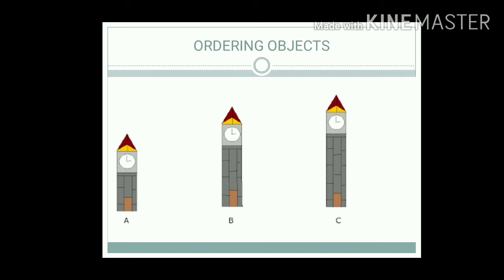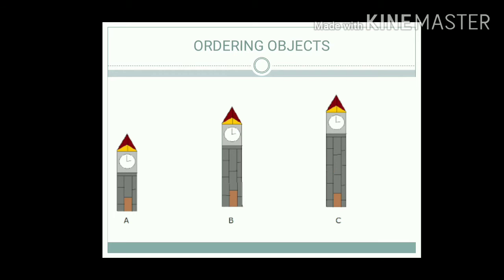Picture B is taller than picture A, but it is shorter than picture C, right? Now let's move on to picture C. Picture C is the tallest of the two figures A and B, right, children?